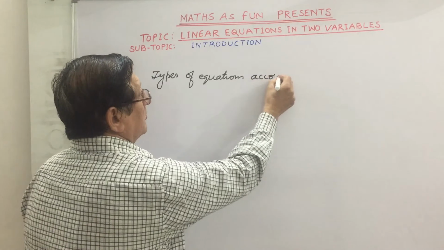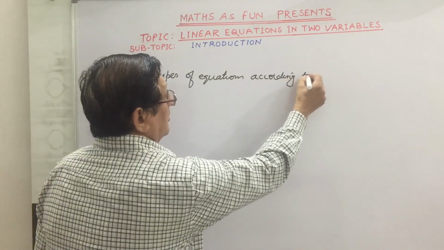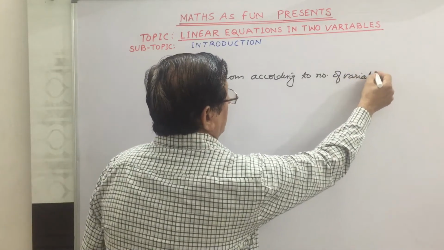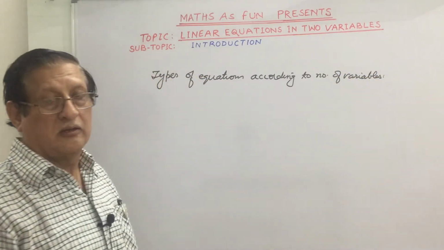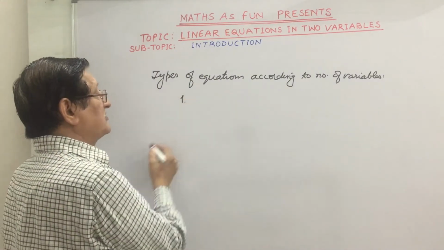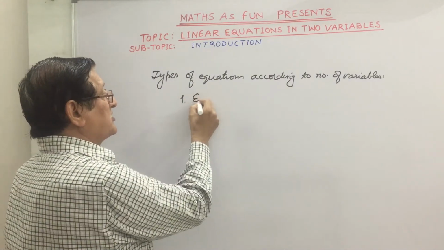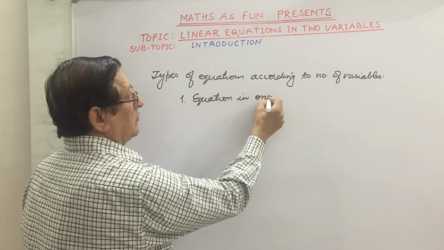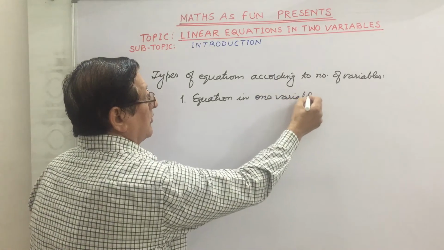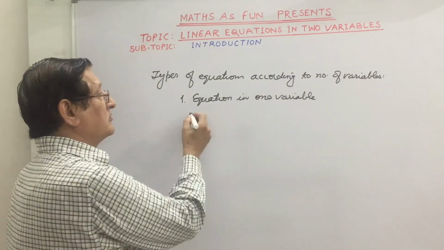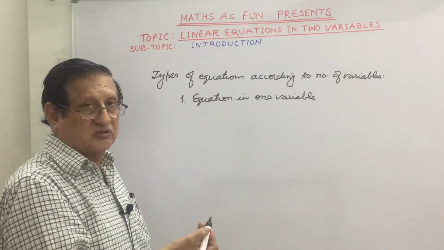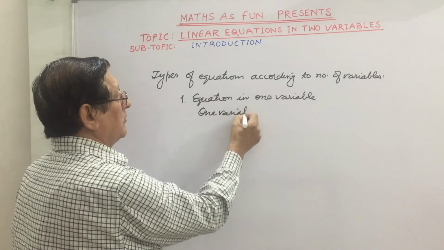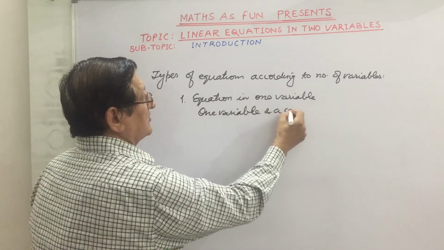According to the number of variables, what are they? Number one, we say equation in one variable. That is consisting of one variable and a constant.